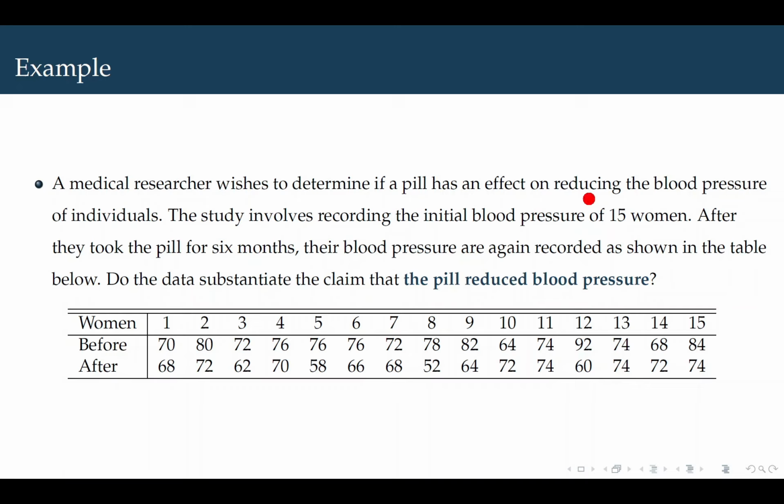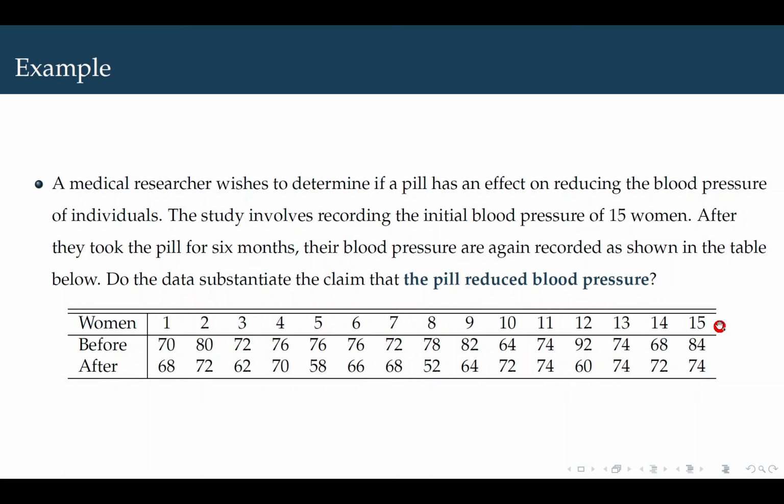The study involves recording the initial blood pressure of 15 women. After they took the pill for 6 months, their blood pressure are again recorded as shown in the table below. Then the question says, do the data substantiate the claim that the pill reduced blood pressure of the women?